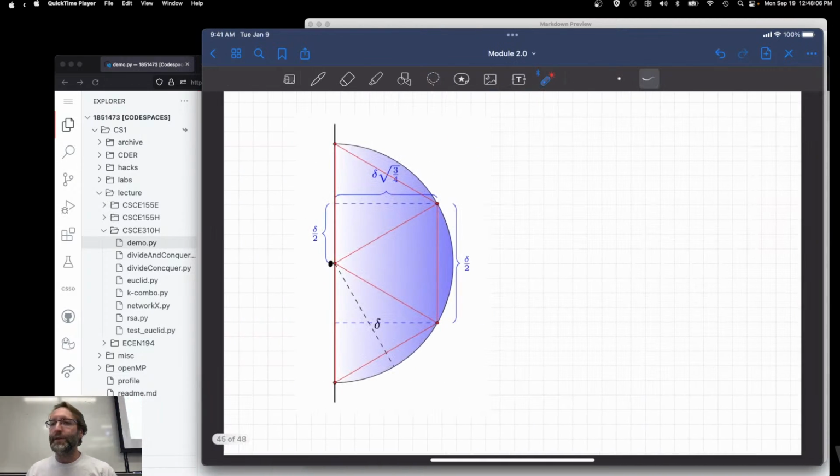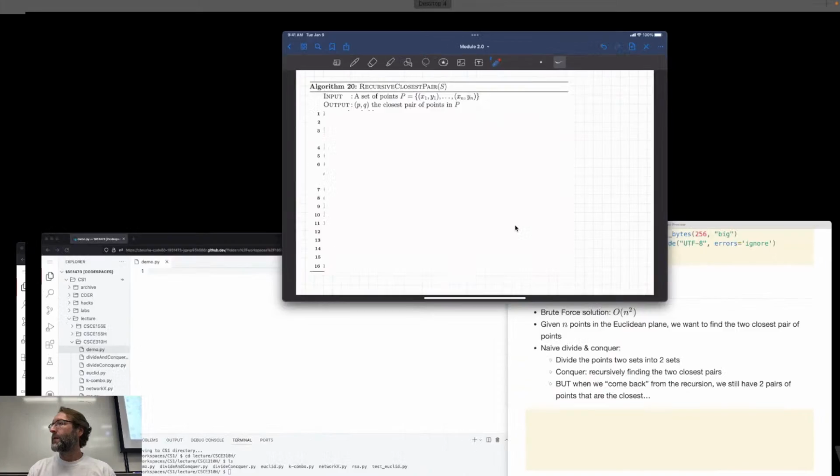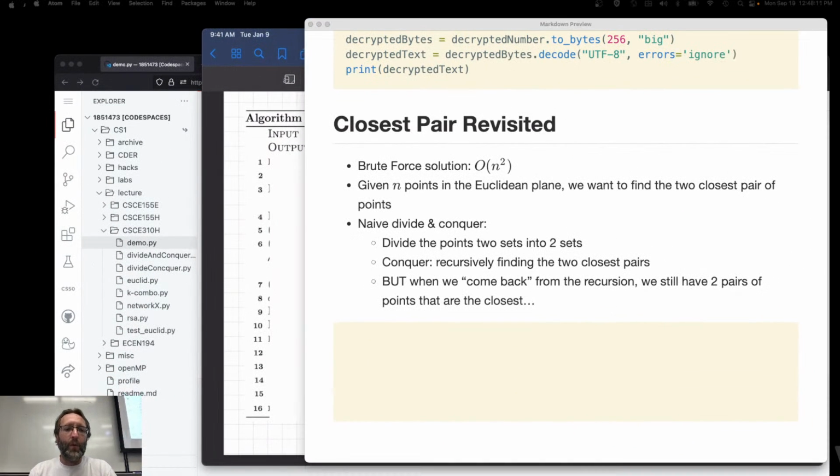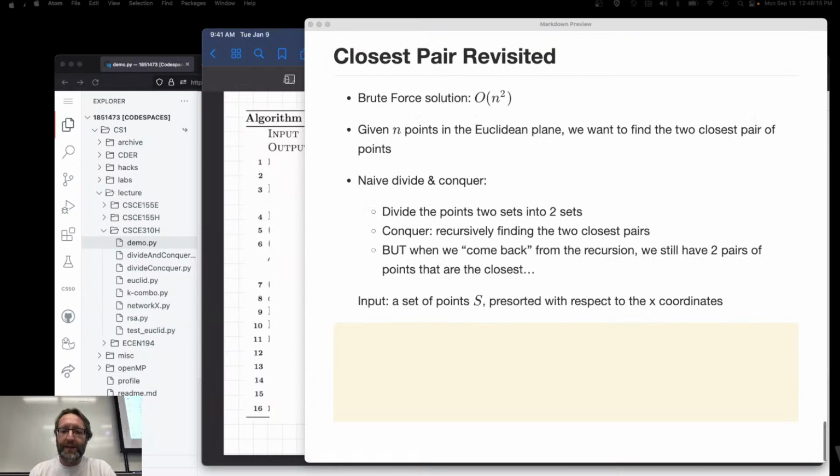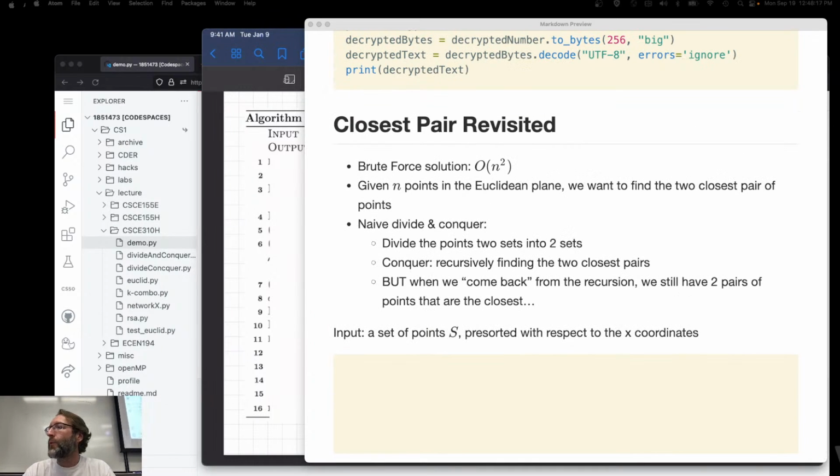Now, the details. So, what do we need to do here? Our input is going to be a set of points, S, pre-sorted with respect to their x-coordinates. Now, why are we going to pre-sort them with respect to their x-coordinates? If I'm going to break them up into 2 sets, I want to look at the middle right away.